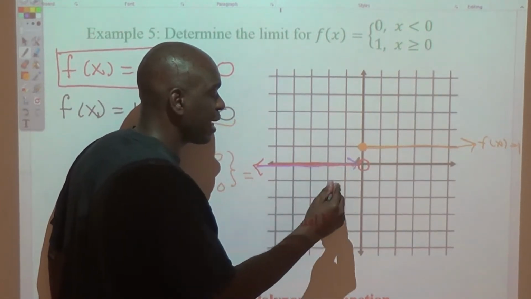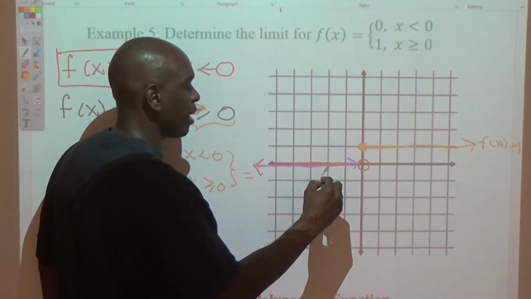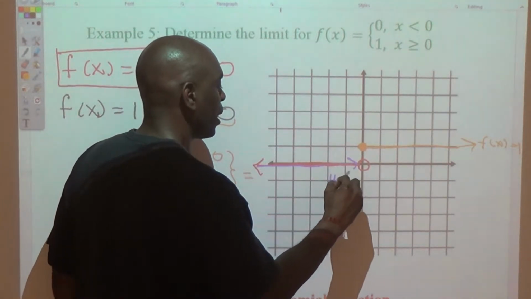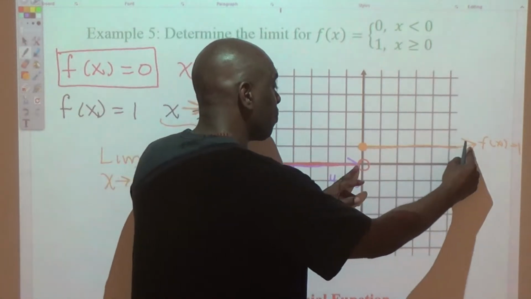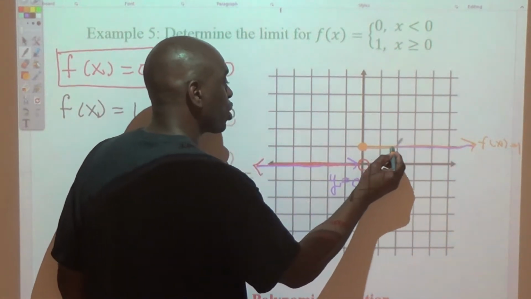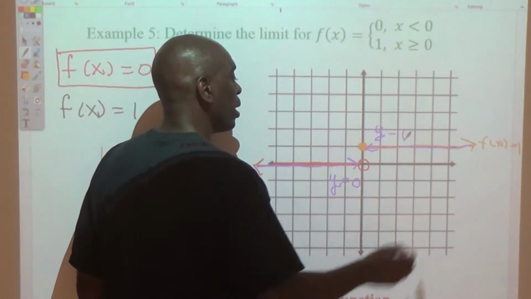So on this side, I'm going to have 0 as my y value. Okay? So on this side, I get y equal 0. If I come in from this side, as I get close to 0, what's my y value here? The y value is 1.